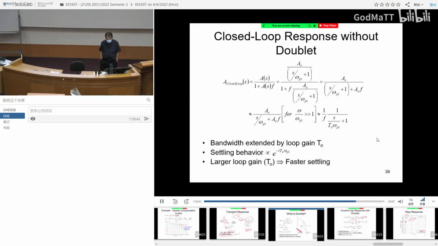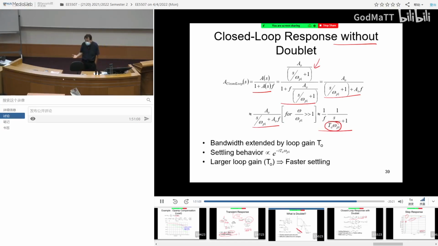So now let's take a look. If there is a doublet, what is the impact on the overall frequency response? Without a doublet, you only have a dominant pole system, a one-pole system. If you apply feedback, it becomes the following. You do some manipulation, and you can see that the bandwidth actually gets widened by the T0 factor.